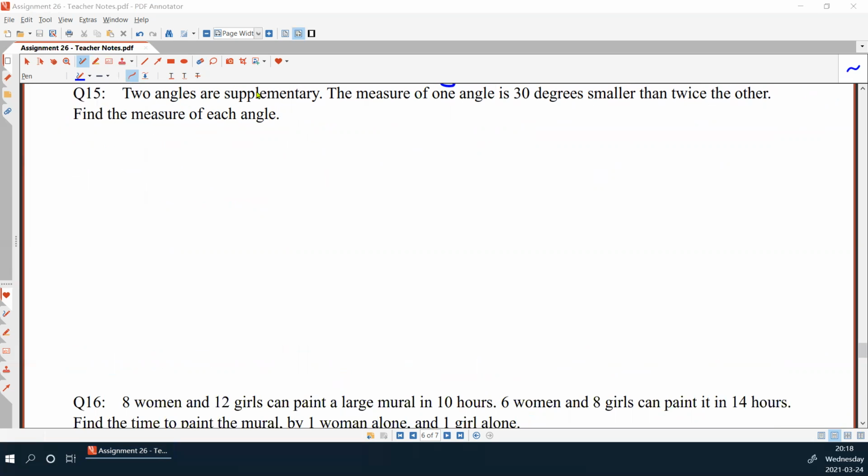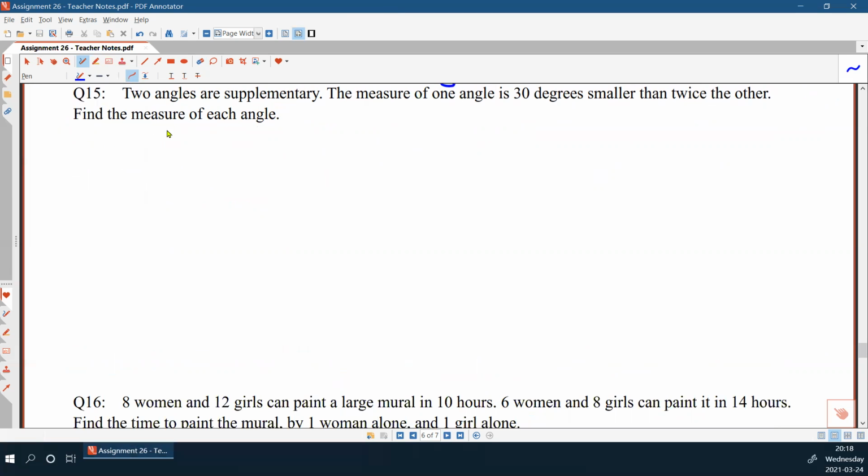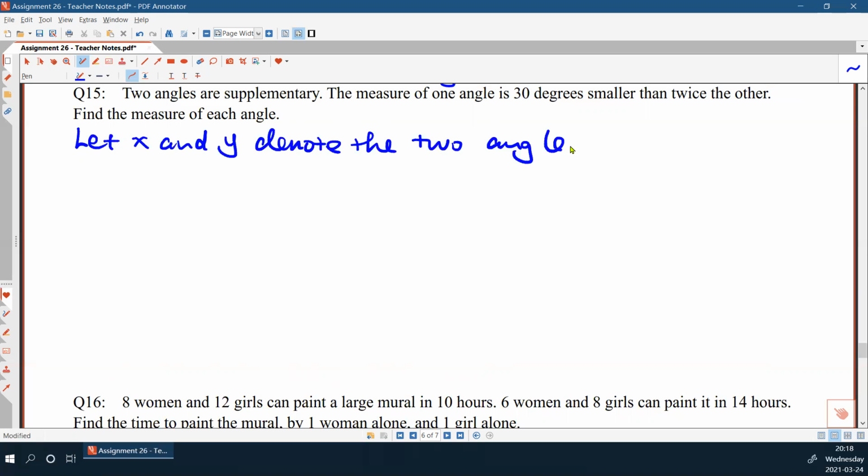Okay, so this is simpler than the previous question, right? So let's say let x and y denote the two angles. Okay, so here we want to know the value of x and y, right?